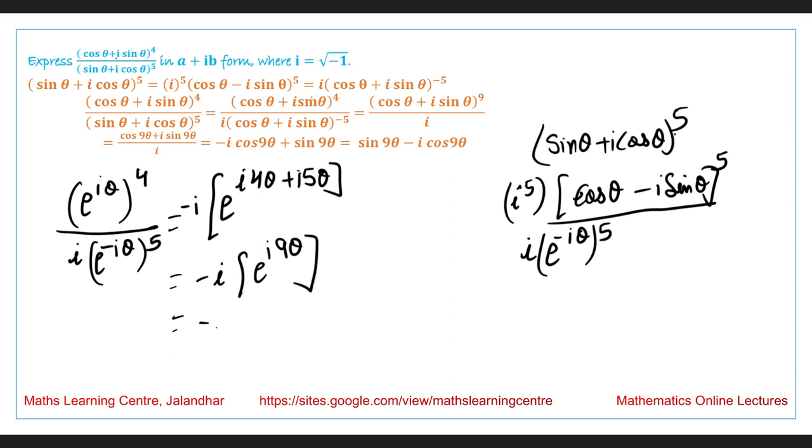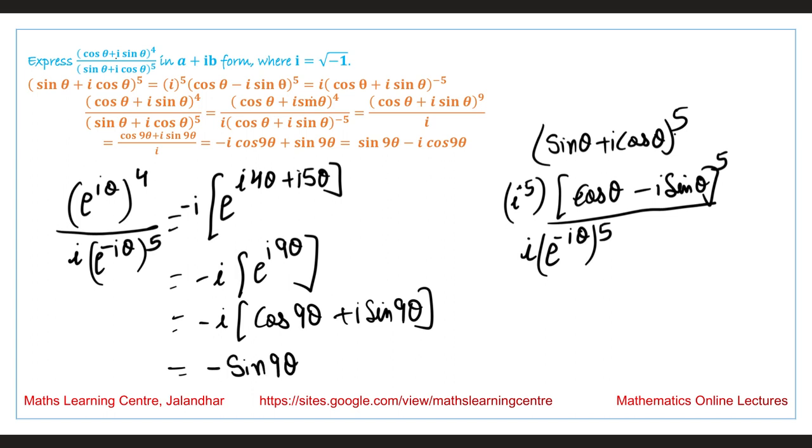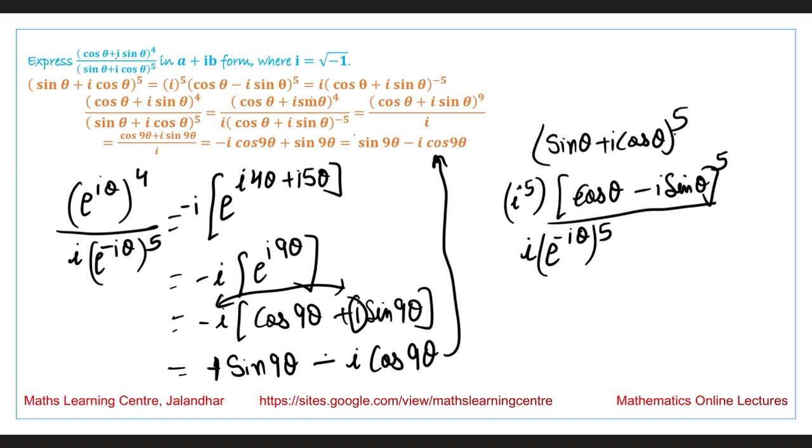This is equal to minus iota into (cos 9 theta plus iota sin 9 theta). When you multiply, iota square becomes minus 1, so this will be plus sin 9 theta minus iota cos 9 theta. This is the final answer that we obtain: sin 9 theta minus iota cos 9 theta.